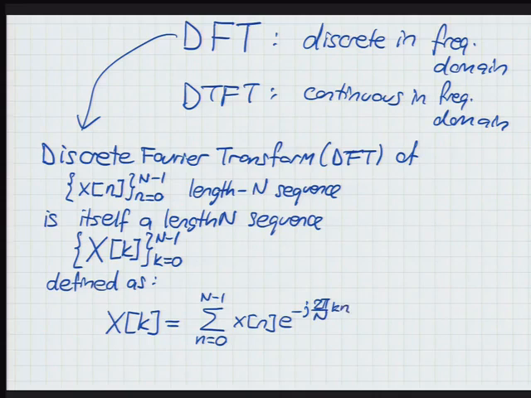If I fix the k, you add these N numbers, and it spits out a number. That's your X of k. And I do this for k equals 0, 1, 2, up to N minus 1. So I have a sequence of length N. I think it's good to understand the mechanics before we question the relations to other Fourier transforms. So the point is that I give you a length N sequence. Its DFT is another length N sequence.